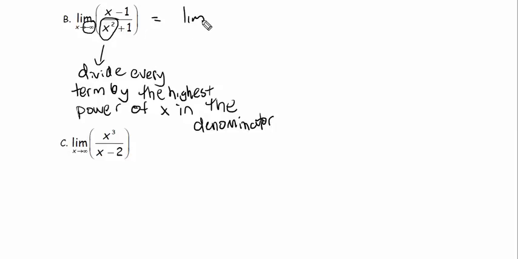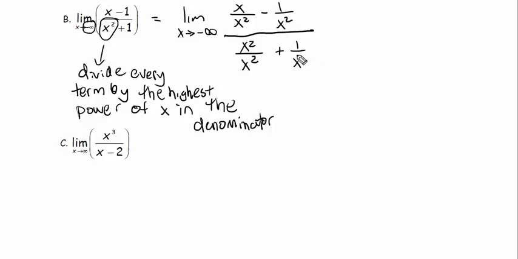So this will be the limit as x approaches negative infinity of x over x squared minus 1 over x squared, all over x squared over x squared plus 1 over x squared. So everything gets divided by the highest power of x in the denominator, which is x squared in this case.